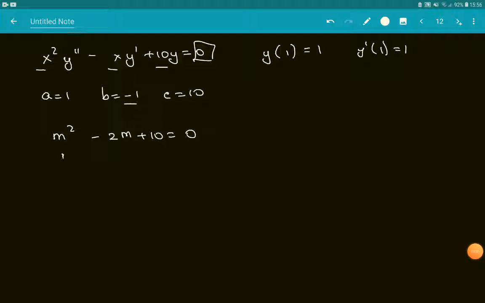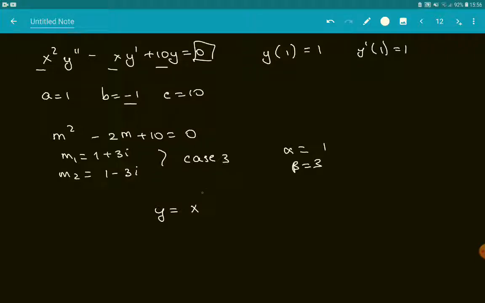Okay, so what is m1 and m2? Let's find out. For m1 it will become 1 plus 3i, for m2 it will become 1 negative 3i, and again this is case 3, and our y will be equal to x to the alpha, let's find alpha. Alpha is 1 and beta is 3.